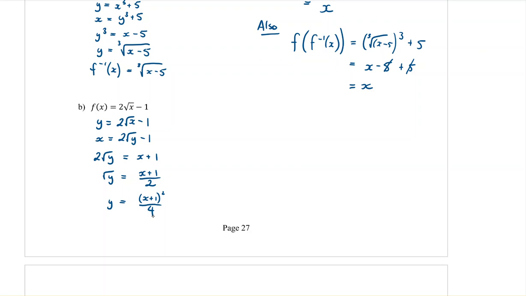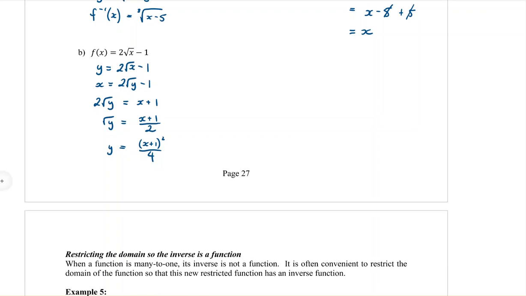You could expand out the bracket on the top if you wanted to, but I'm just going to leave it like that because it will make it easier. So the final thing to do is to write that back in function notation. So inverse function of x is equal to x plus 1 squared over 4.